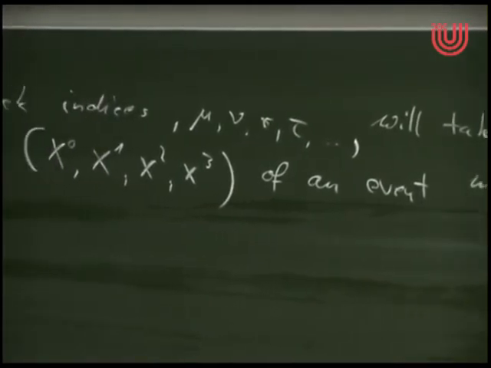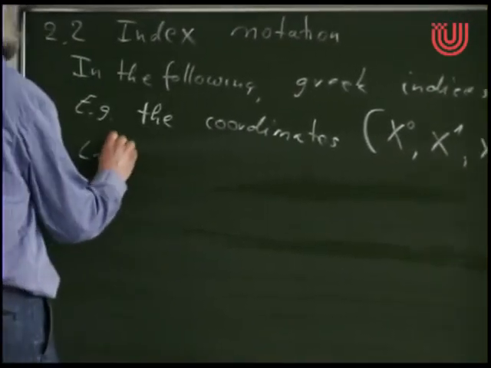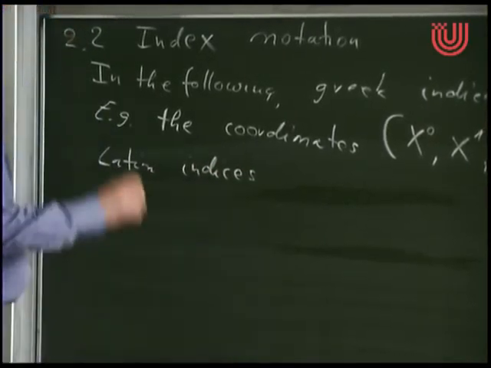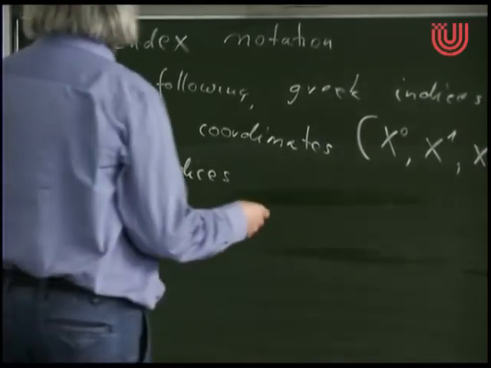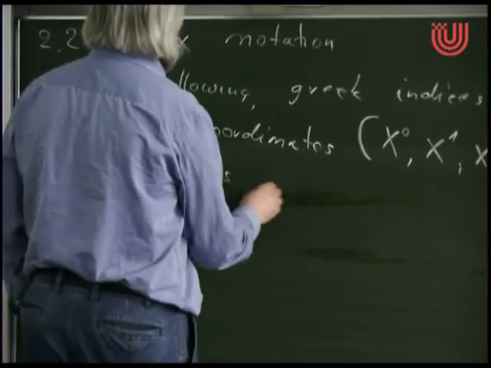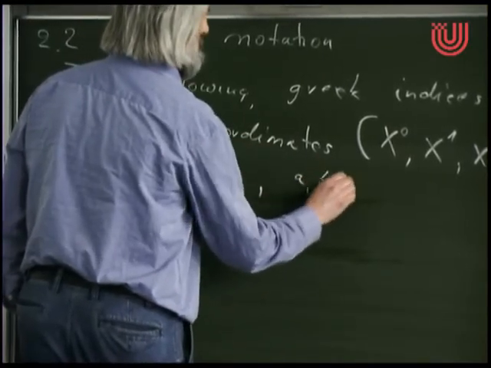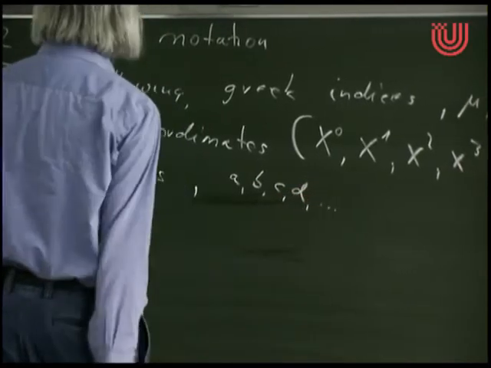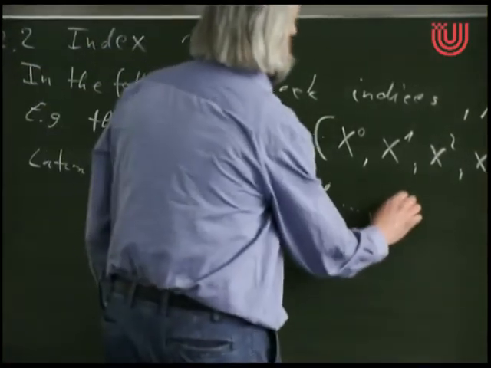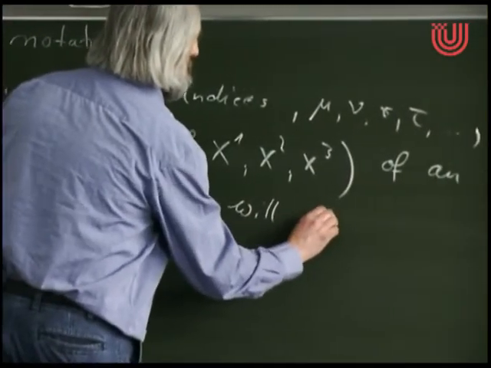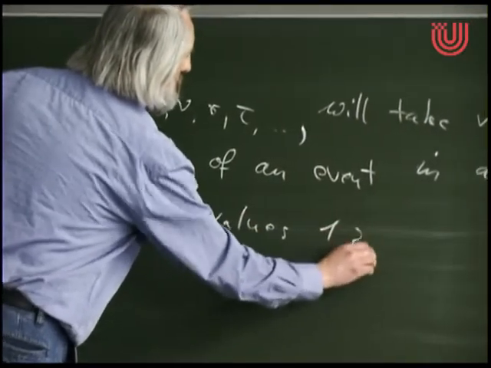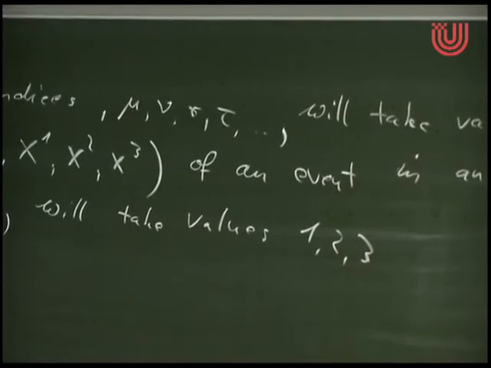And then we will have Latin indices occasionally. I will usually take them sometimes from the beginning, sometimes from the middle of the alphabet. So let's say a, b, c, or whatever. These Latin indices will take values 1, 2, 3, so the three spatial values.